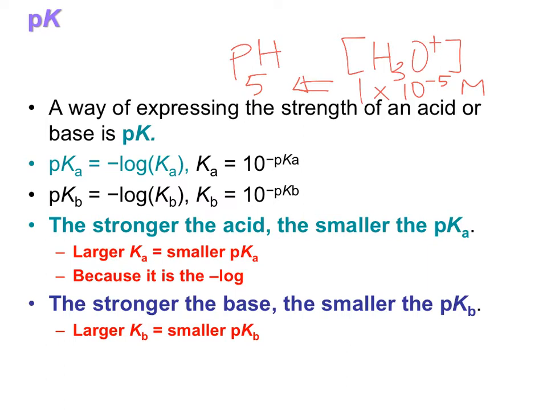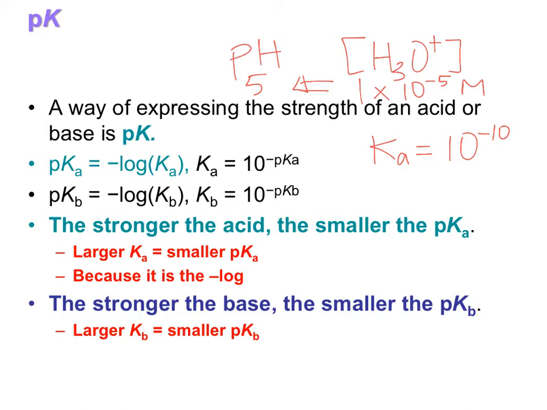We just discussed Kas on the previous 2 slides, and they can be values ranging from very small to slightly bigger. For example, we saw something that was around this range, right? If our Ka is that, that's a really, really small number.